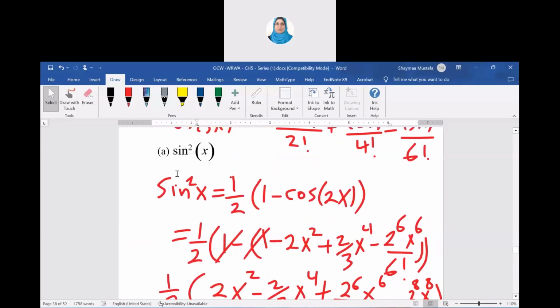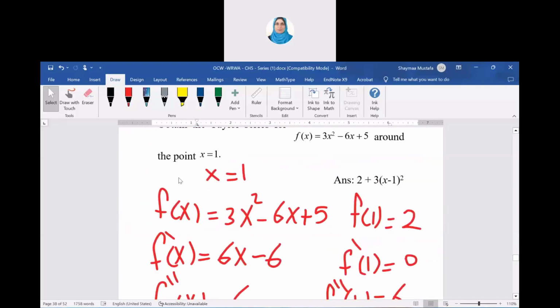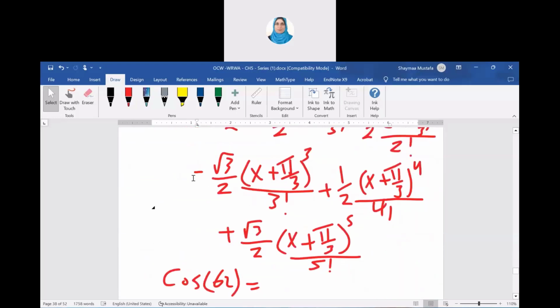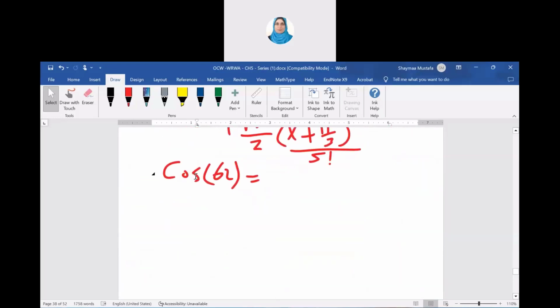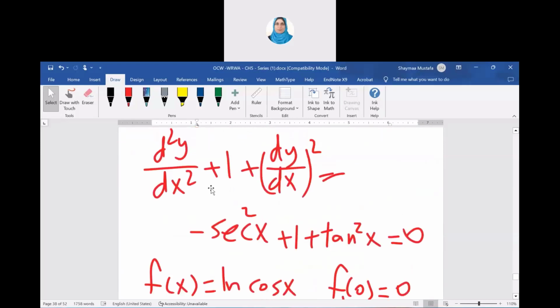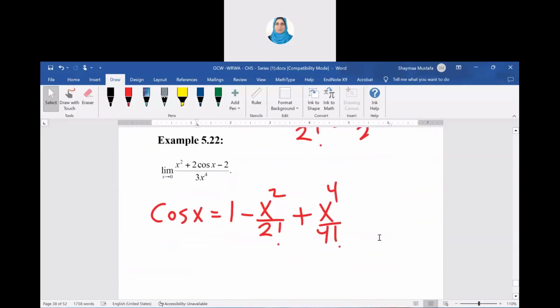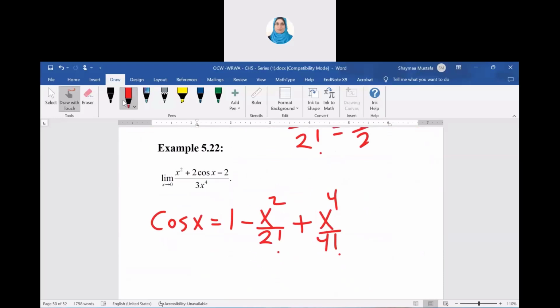So what we wrote is correct. We go back here, and we can add another term, minus x to the power 6 over 6 factorial.